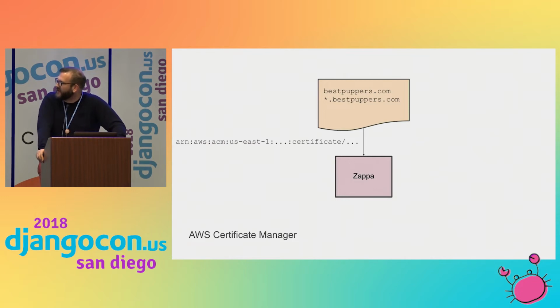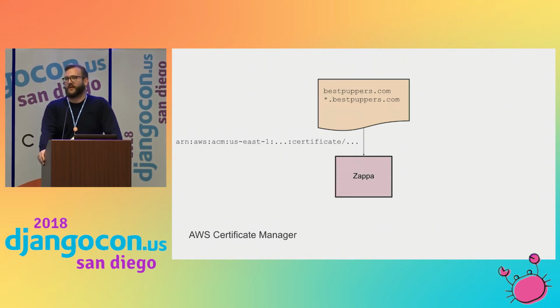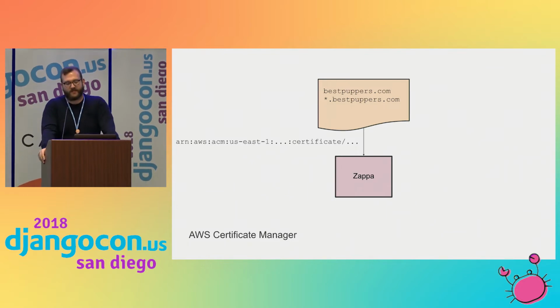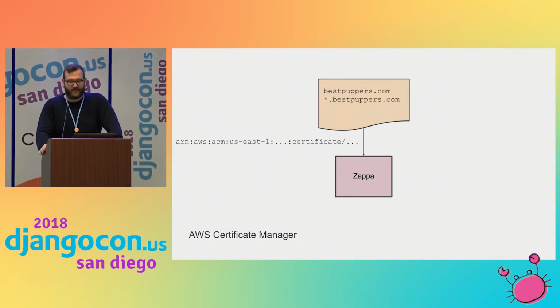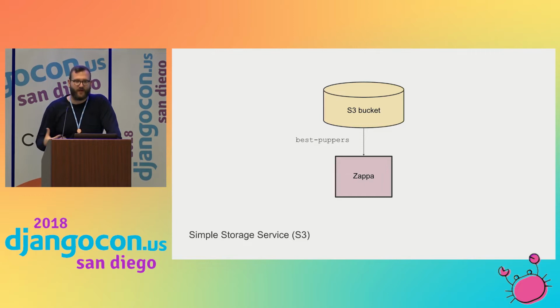What we need for our certificate is to create a certificate in Amazon Certificate Manager. And then what that lets us do is reference that certificate with an Amazon resource number or an ARN. So that long string you see is the identifier basically for that cert. By the way, bestpuppers.com still available, so you should buy that. And then for our static assets, we need a bucket to store those in S3.